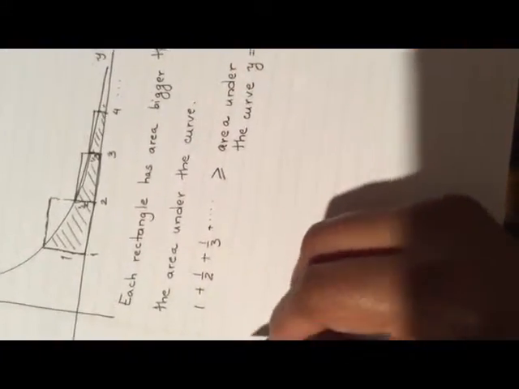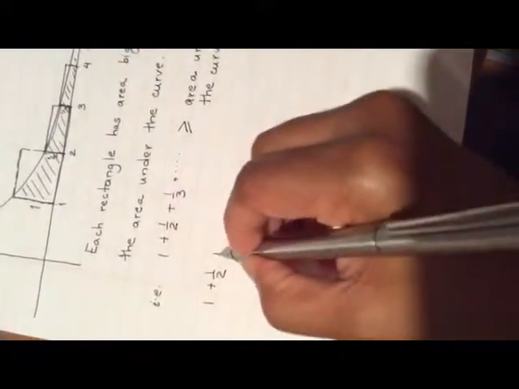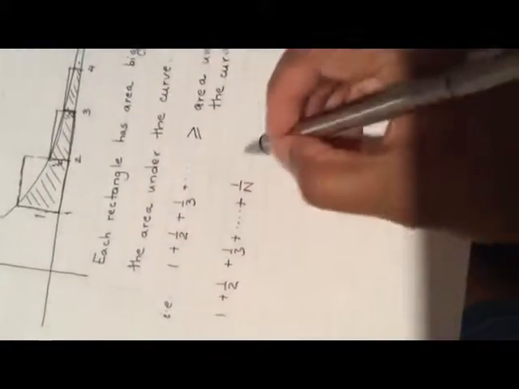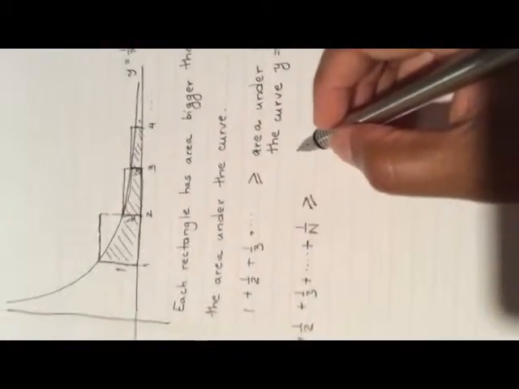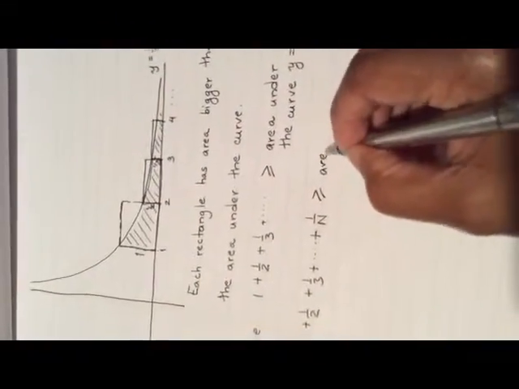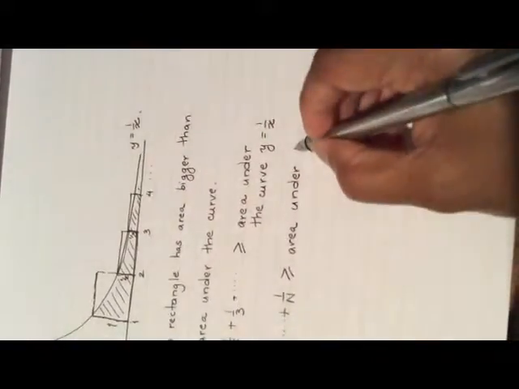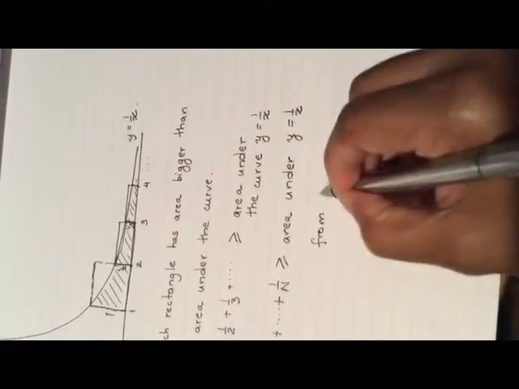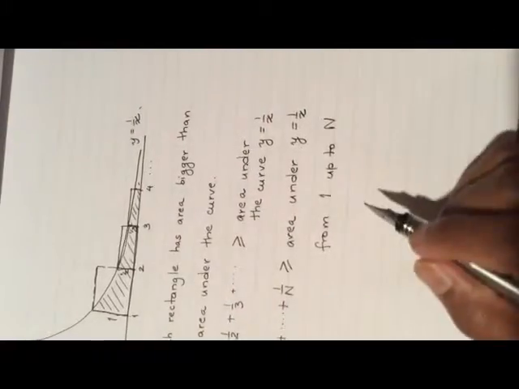Okay, so 1 plus 1/2 plus 1/3 plus dot dot dot plus 1 over n is bigger than or equal to the area under y equals 1 over x from 1 up to n.